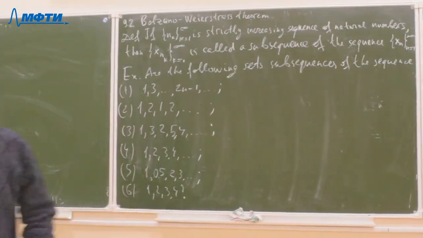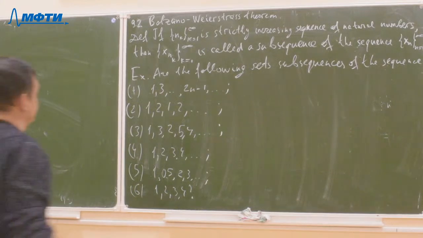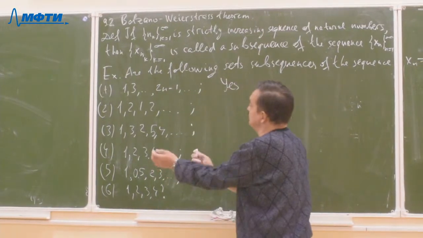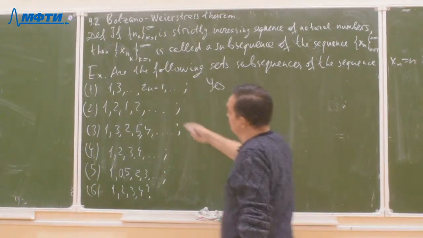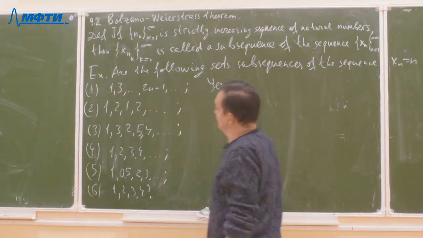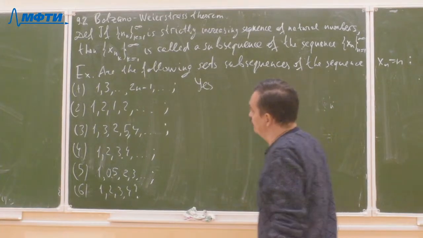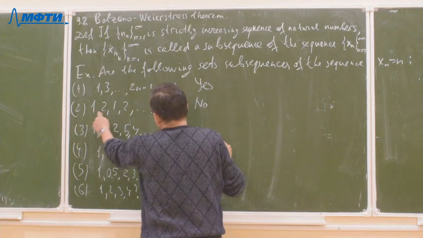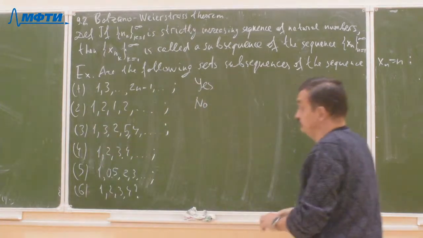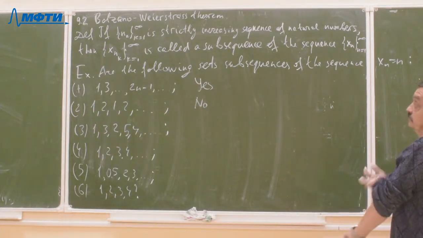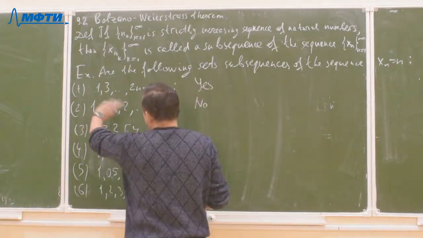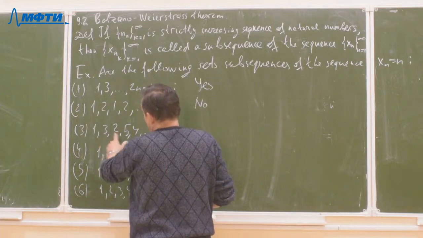So, answers. Yes, because here we have an increasing sequence of natural numbers. Here the answer is no, because we have not even a monotonic sequence: 1, 2, 1, 2, and so on.